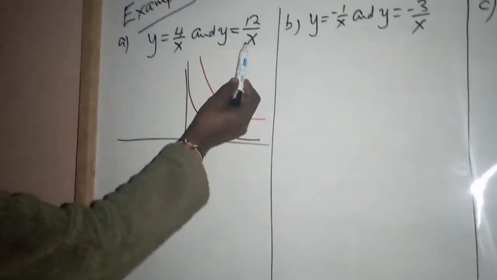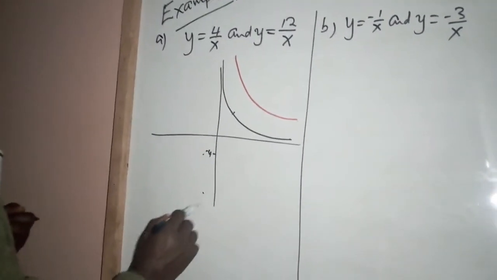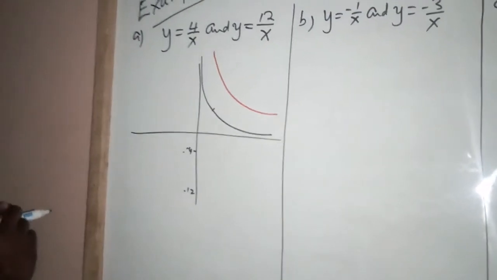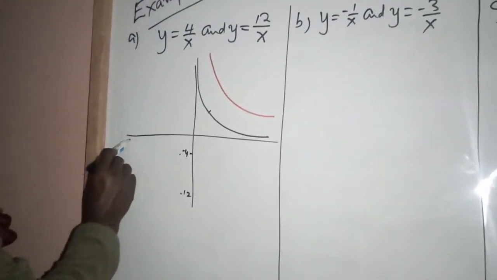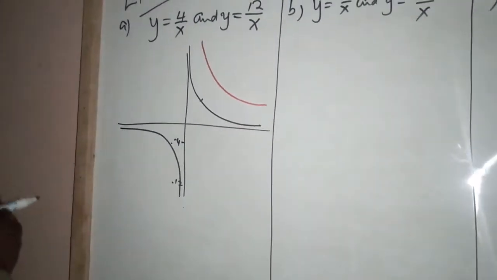But 12 divided by negative 1 is negative 12, somewhere there. So the same kind of graphs will be repeated with asymptotes very clear.